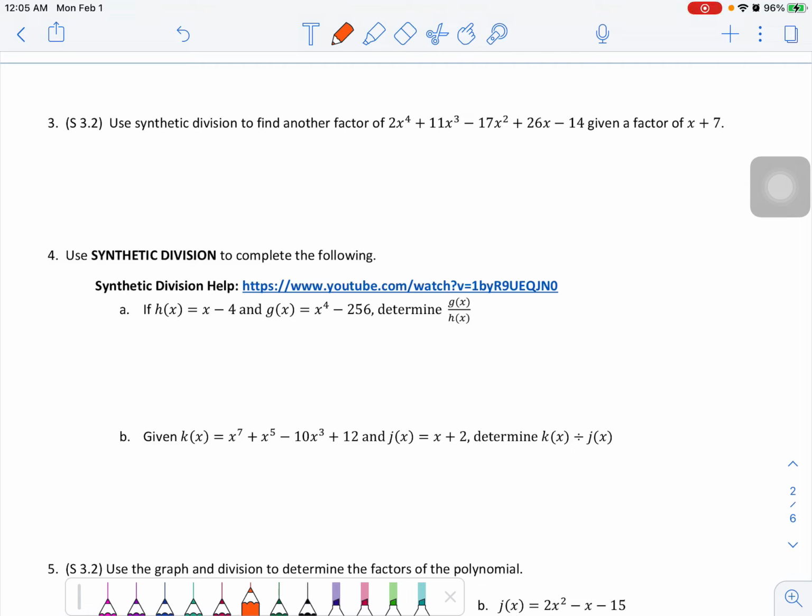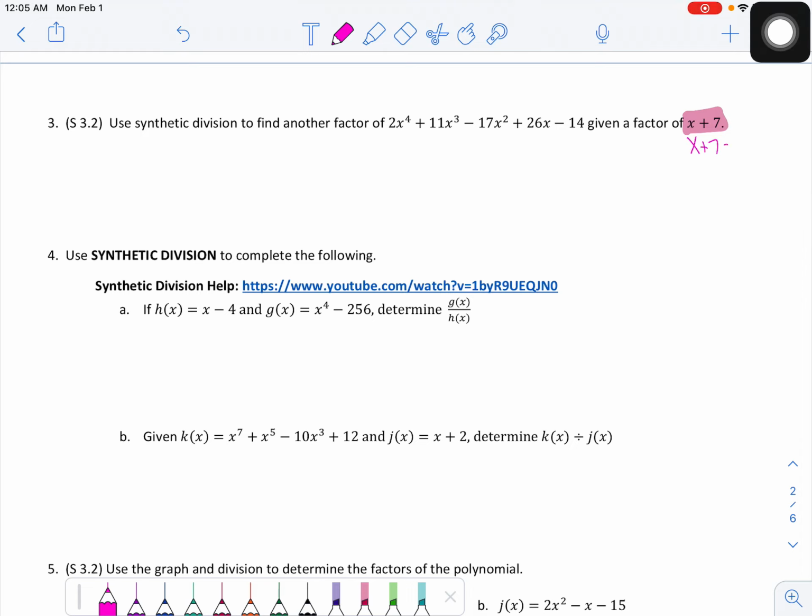All right, we're going to start working on page 2 of the study guide for Unit 4. Problem number 3 says specifically we're going to use synthetic division to find another factor, given we have a factor of x plus 7. So what we want to do is start with that factor and find its 0.